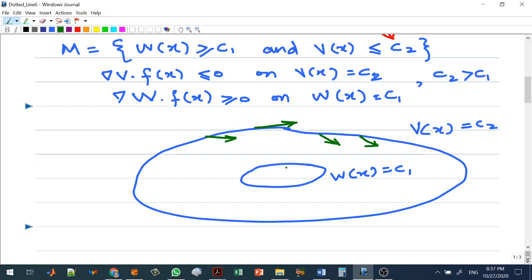Whereas on the inside, we are saying that the trajectories are moving outward or parallel, tangent to the second curve, W of x is equal to c.